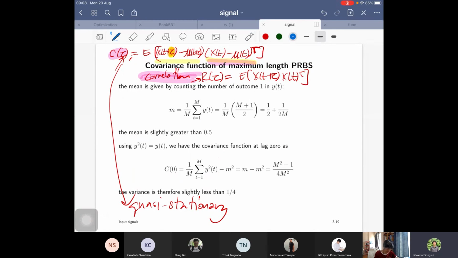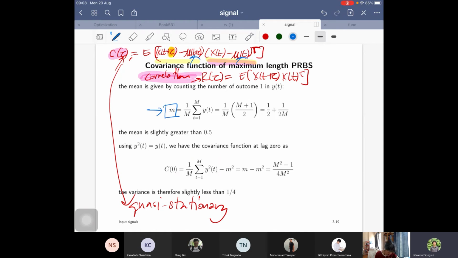Now, before we compute the covariance function, of course we know that covariance and correlation just differ by the means, like how you subtract the mean before computing the expectation. That's why, okay, let's compute the mean, given by small m.